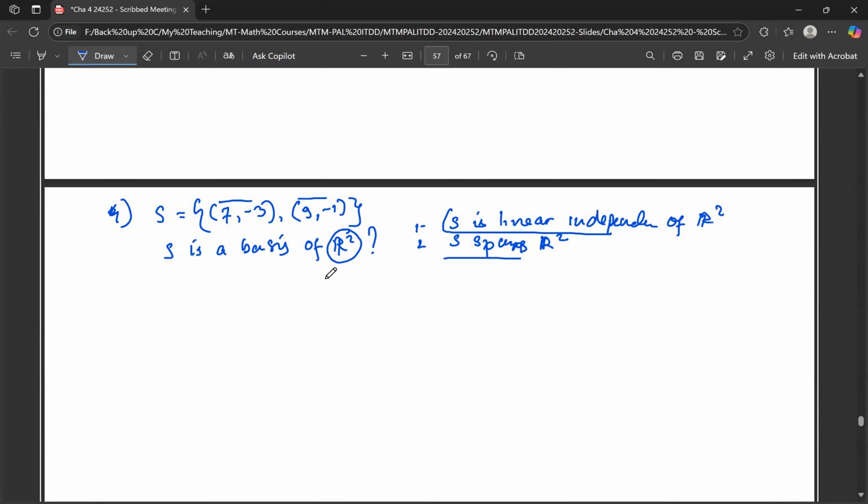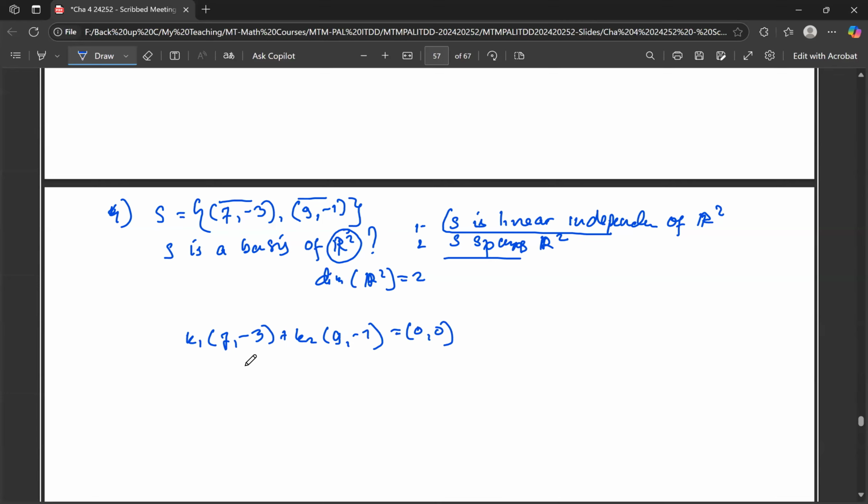The dimension of R2 is 2, so we say that we can prove that S is a basis by proving that Q1 (7, -3) + Q2 (9, -1) = (0, 0).